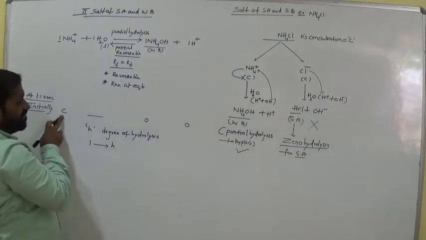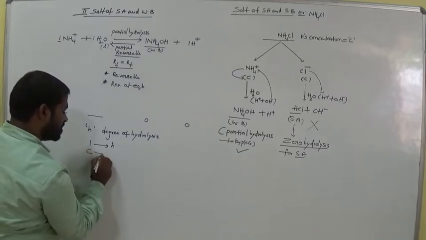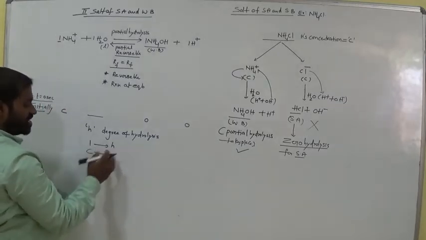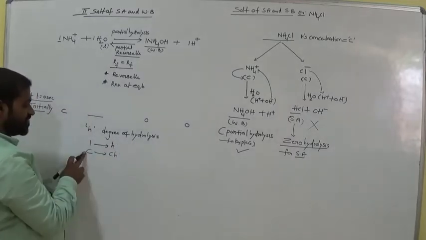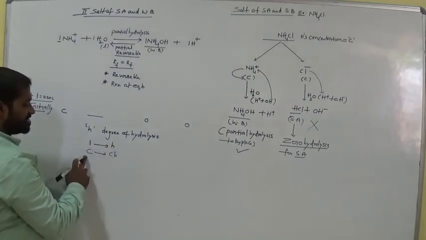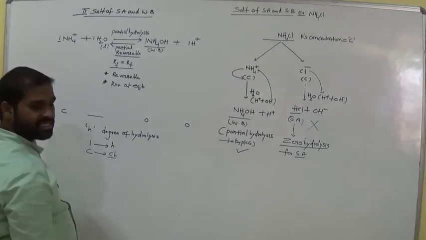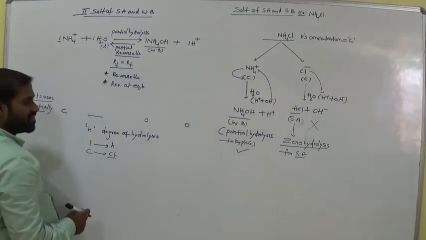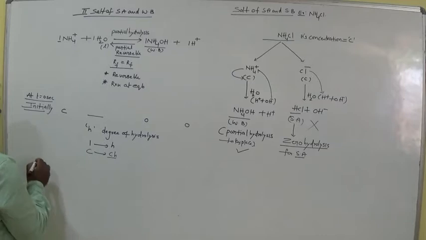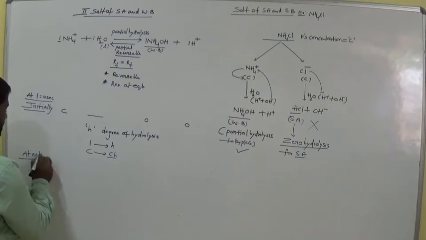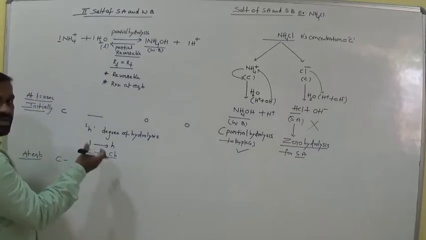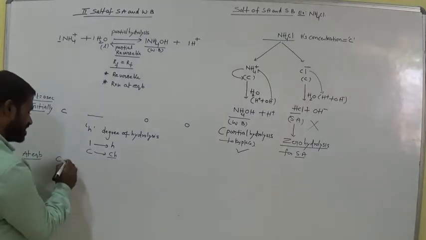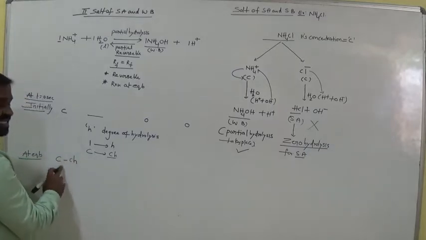But how many moles do we have here? C moles. For C moles, what is the degree of hydrolysis? Ch. For 1 mole, h; for C moles, the degree of hydrolysis is Ch. This is the degree of hydrolysis. Clear? Now, at equilibrium, the remaining moles are C minus the molecules that undergo hydrolysis, Ch, subtracted from the total moles.